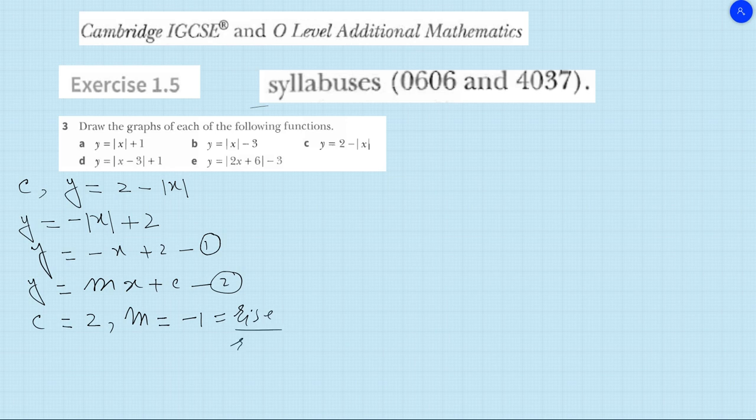Rise upon run, in this case, is minus 1 upon 1, and our vertex is 0, 2, because there is no number except x in the absolute value sign, and this value represents y. So our vertex is 0, 2.